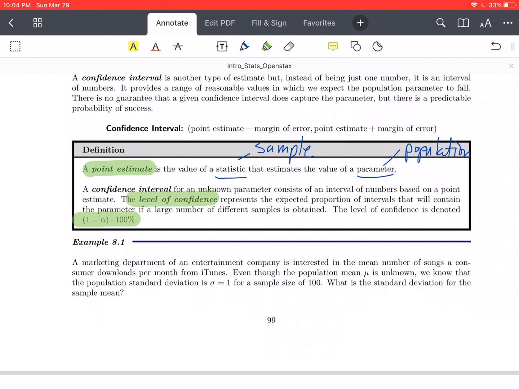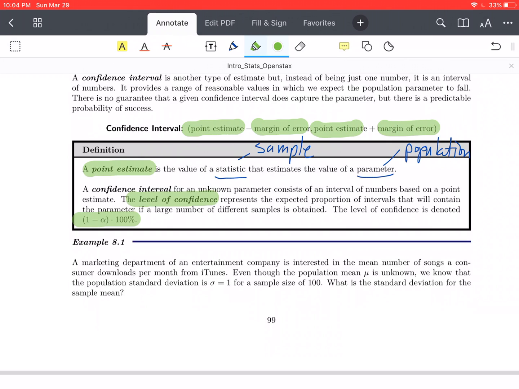How confident are we that our actual population value is going to be within a certain range of that? Okay, so when we're looking to find the confidence interval, we're going to take that point estimate minus the margin of error to get our lower bound, and the point estimate plus the margin of error to get the upper bound.